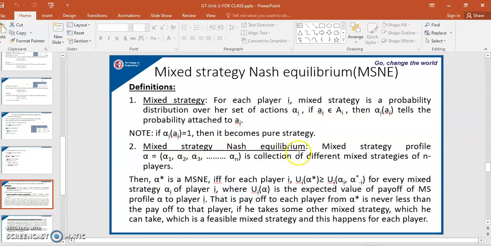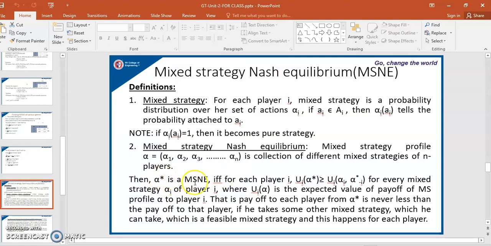Mixed strategy Nash equilibrium is defined. It is a strategy profile alpha, which is the collection of the strategies of all the players, that is alpha 1, alpha 2, alpha 3, up to alpha n. It is a collection of different mixed strategies of all n players.